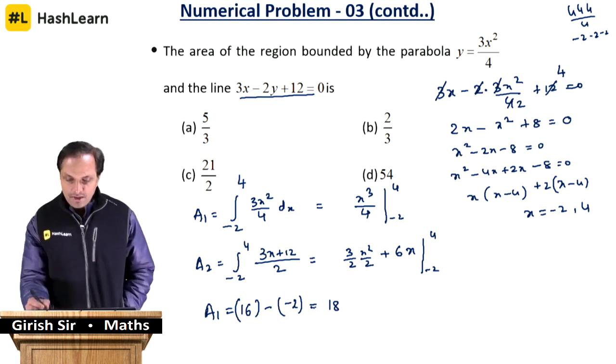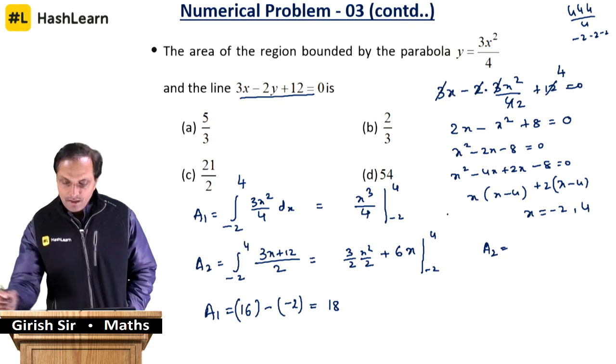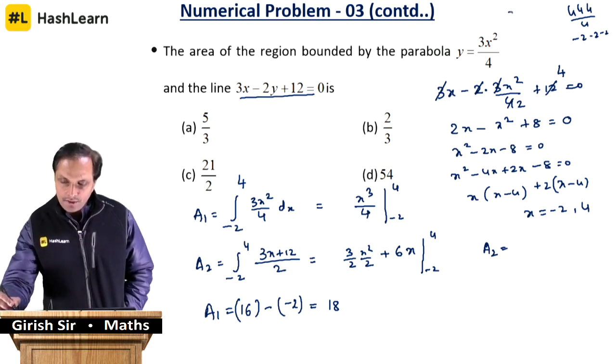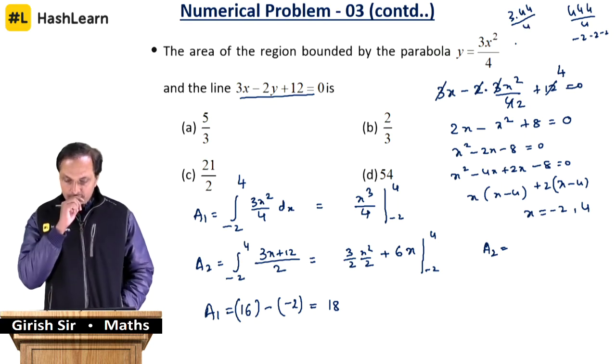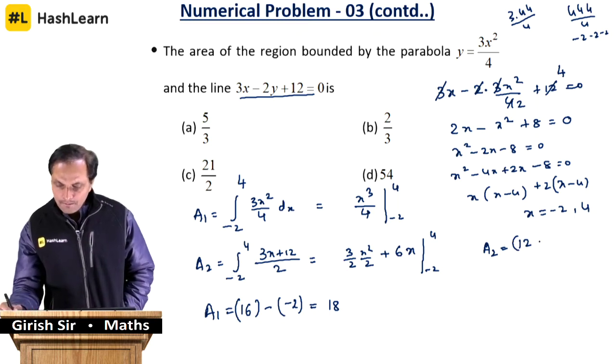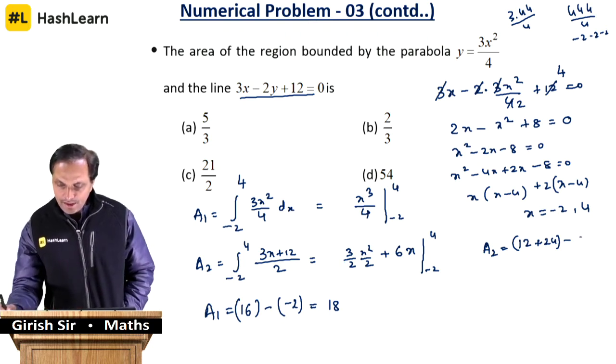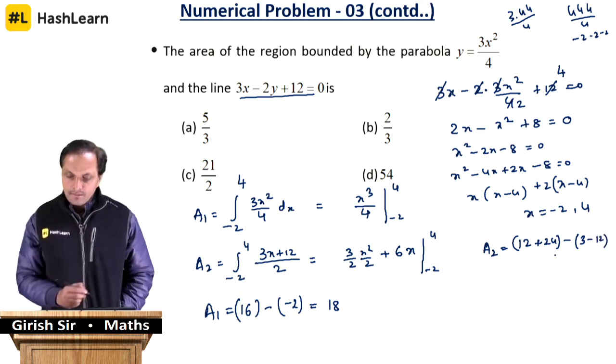Okay, and what about the second part? That is 4 square. That will give you area number 2: this part is 4 into 4, 3 into 4 into 4 by 4, this is 12, plus 6 4s are 24. Minus, when we put the lower limit that will give you 3 minus 6 into 2 is 12.